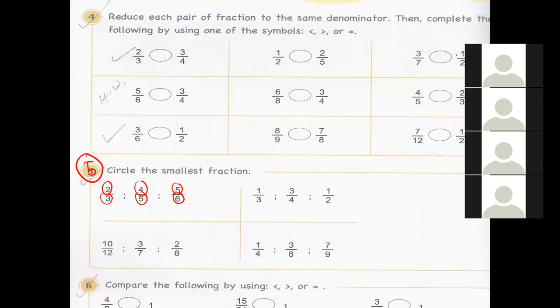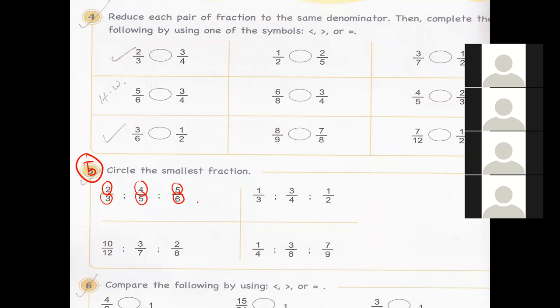If we have fractions having different numerators or different denominators, I can't choose quickly the smallest fraction. We will find a common denominator or a common numerator. We can make all the numerators the same, or we can make all the denominators the same in order to compare them.